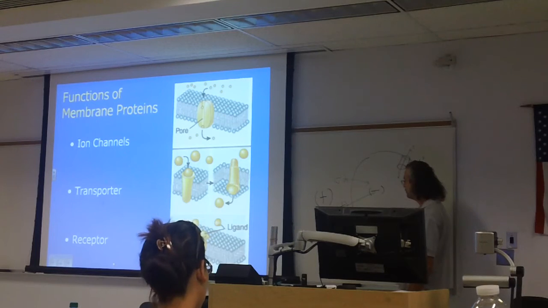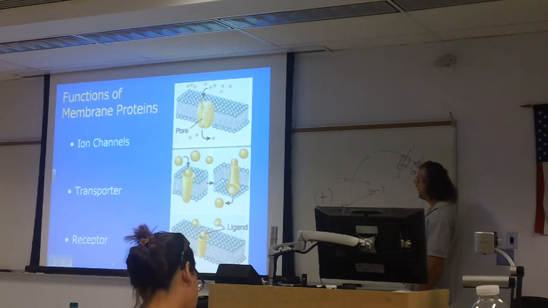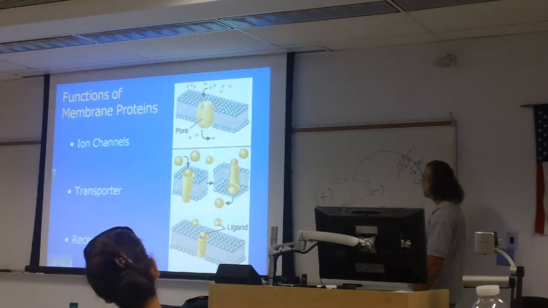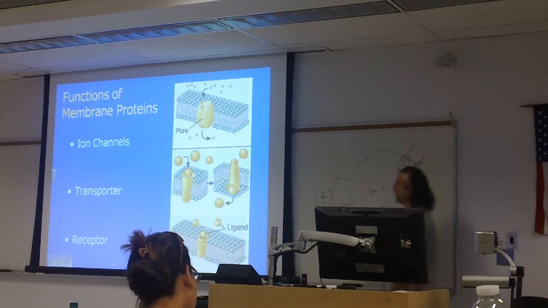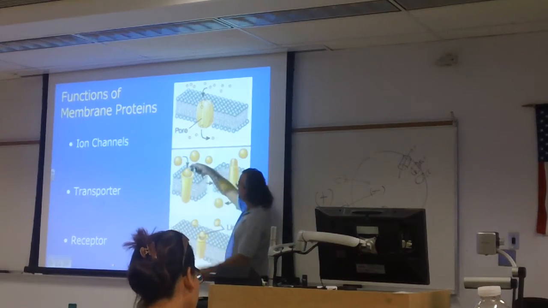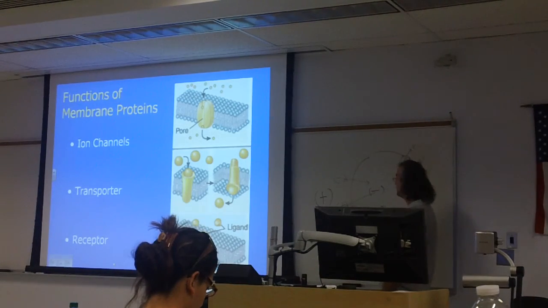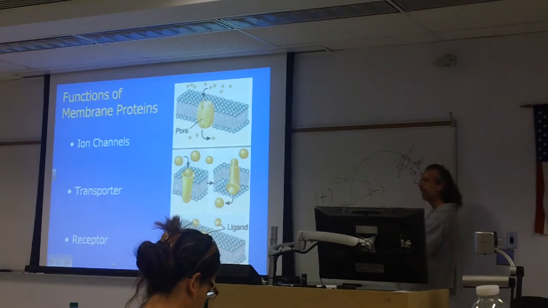But I can use a protein, and my little substance will bind to my little protein over here, and then squeeze it through to the other side. So that can be my little transporter protein, right? Some sort of a substance will bind to one side, it'll change shape, and push it through to the other side. So again, it helps out if something has some polarity to it, or it's just too big, things like that.